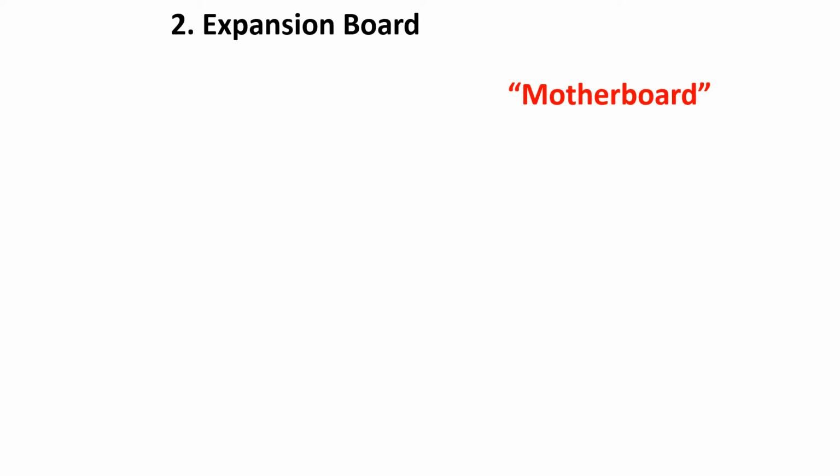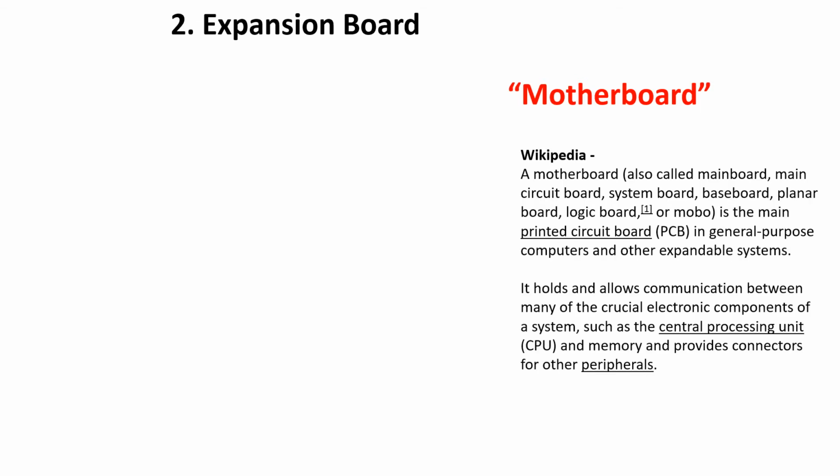The next component of the microcontroller that we will discuss is the expansion board. We are all familiar with what a motherboard is. According to Wikipedia, a motherboard, also called mainboard, main circuit board, system board, baseboard, planar board, logic board, or mobo, is the main printed circuit board (PCB) in general purpose computers and other expandable systems.